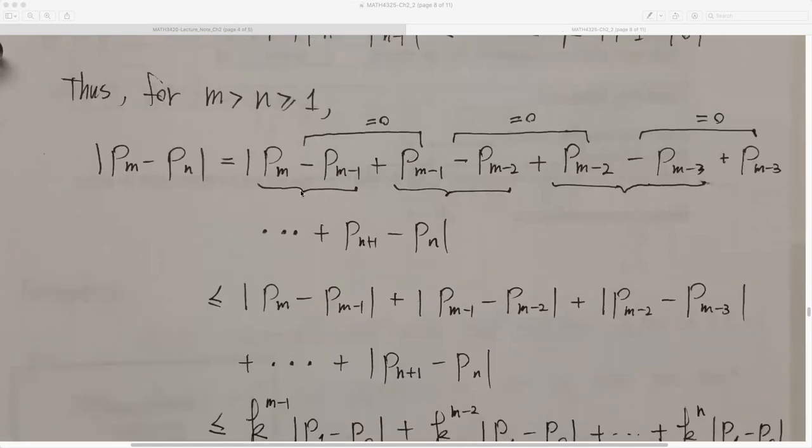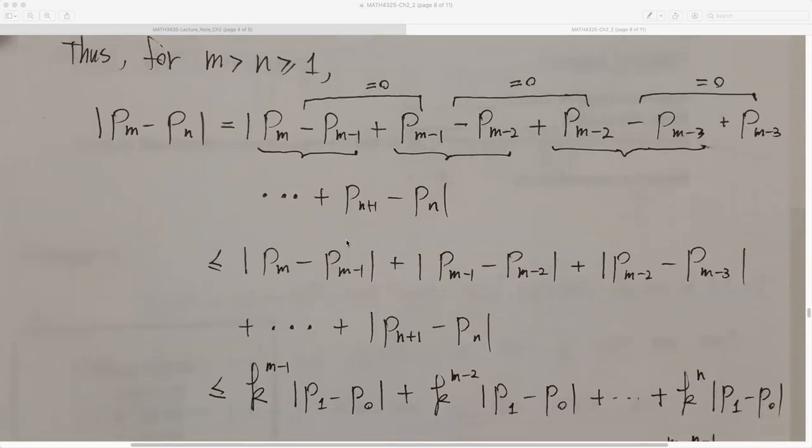Then we're going to break up that expression into every two terms using the triangle inequality. Remember that triangle inequality? I'm sure that you learned that. So the absolute value of a plus b is less than or equal to the absolute value of a plus the absolute value of b.